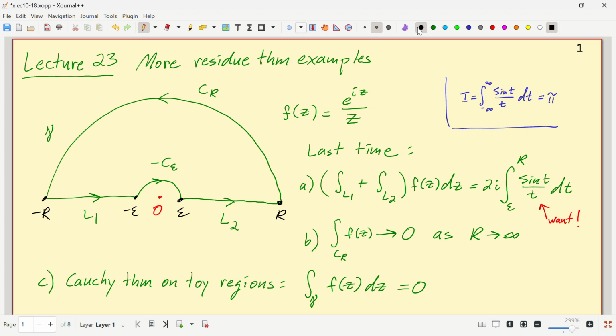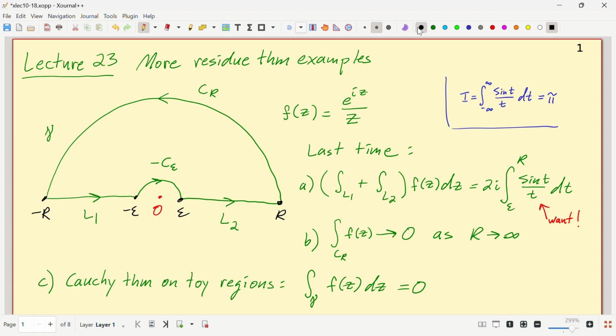So it looks like we're going to get 0 for this answer, because by the Cauchy theorem on this toy region, f of z only has that one pole at the origin, and therefore it's analytic inside and on that toy region. The Cauchy theorem says the integral around that whole closed loop is going to be 0.